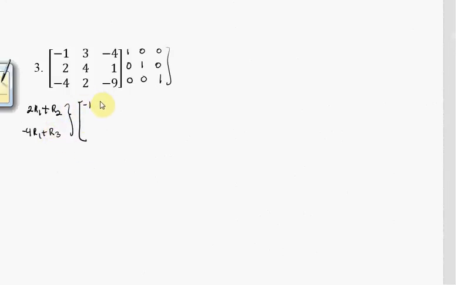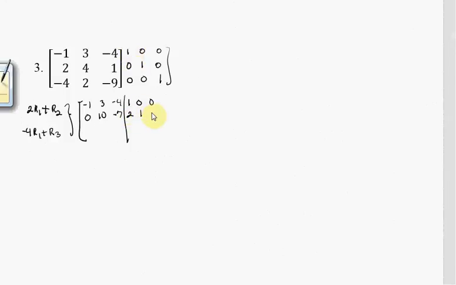So the first row stays the same. This becomes 0. 6 and 4 is 10. And this is -8 plus 1, -7. And then 2 times 1 is 2, plus 0 is 2.